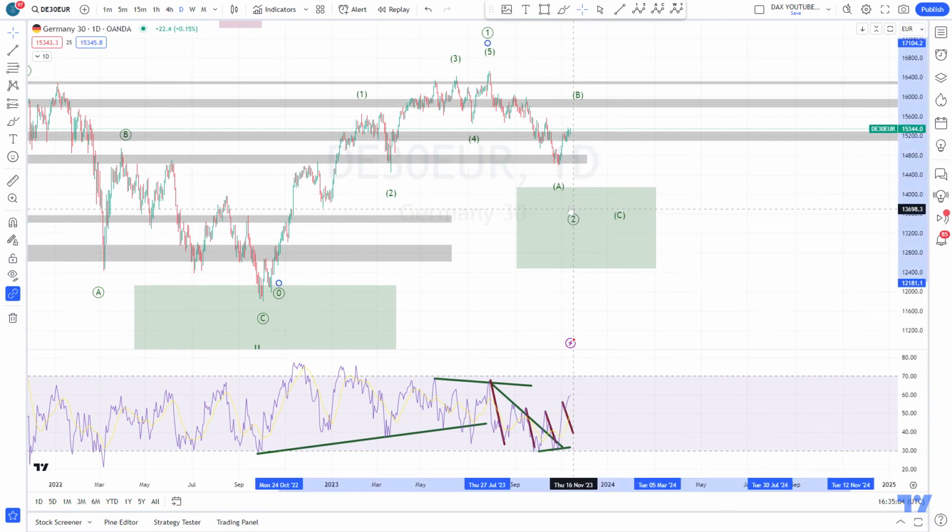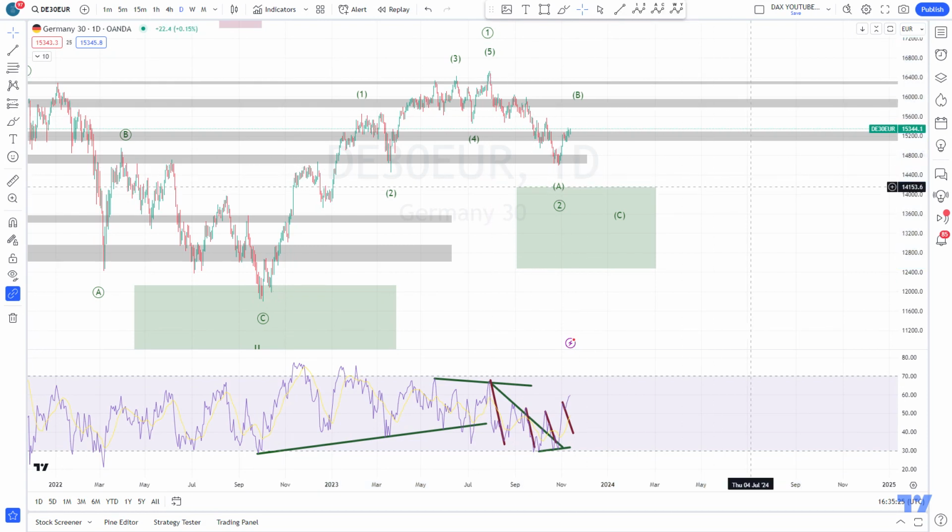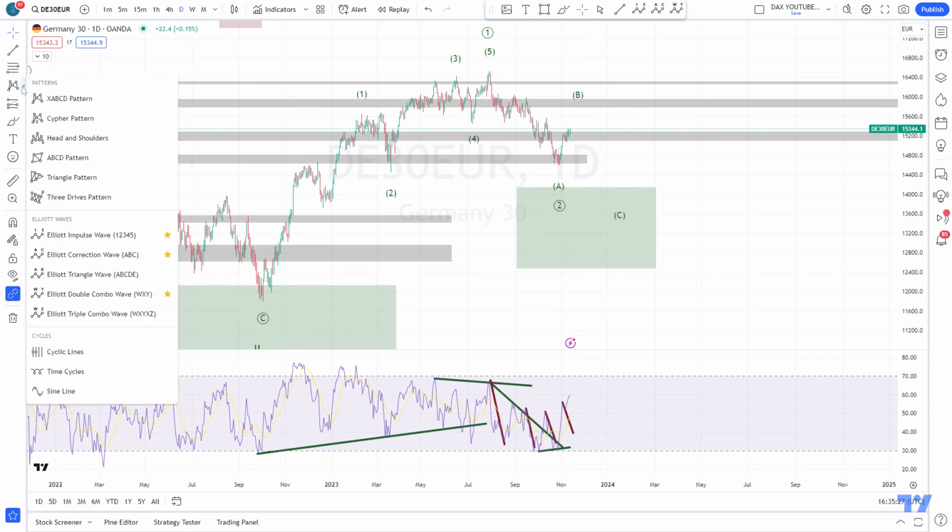But if a new cycle is starting from here, like we did not reach the wave 2 area, but if we would follow, for instance, the count that we are doing in the Nasdaq and in the S&P 500, so that this here is our low, then we could actually also have here a triple three correction down as a wave 2.